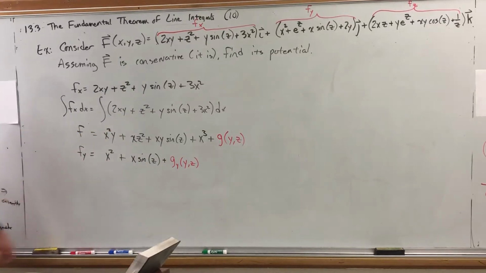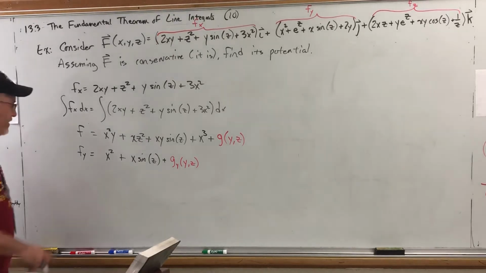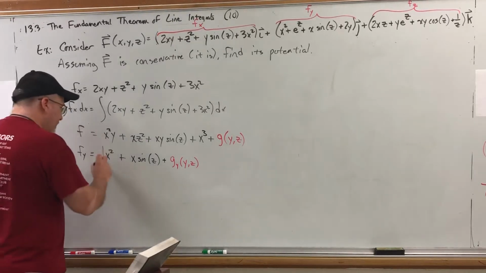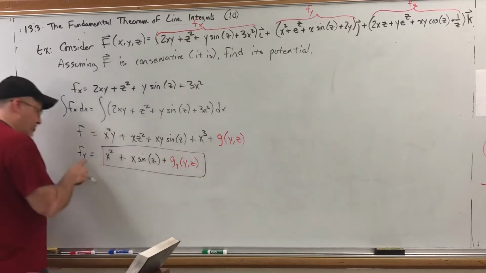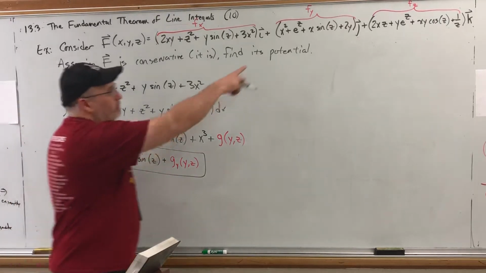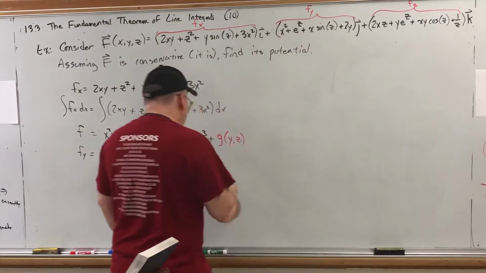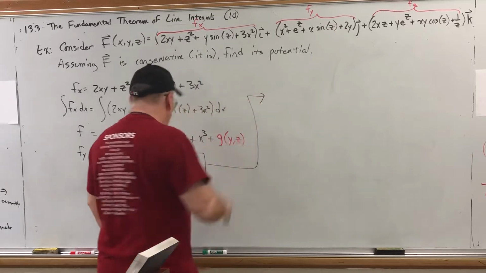Okay? So now that we know what the partial derivative of f with respect to y looks like here, and we also know what it looks like here, now we can equate the two.